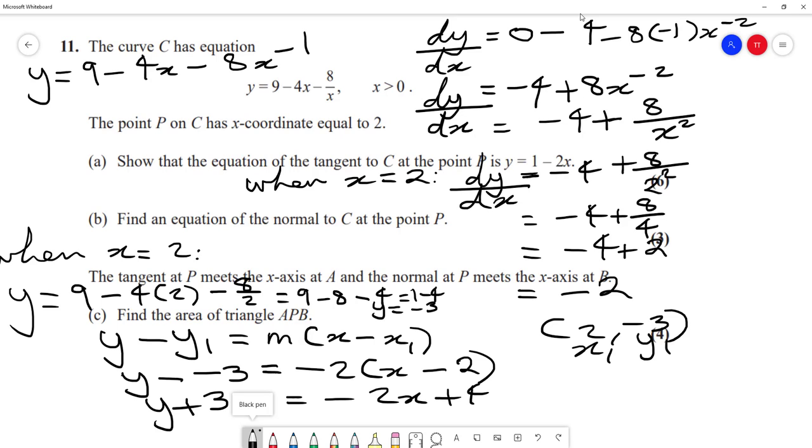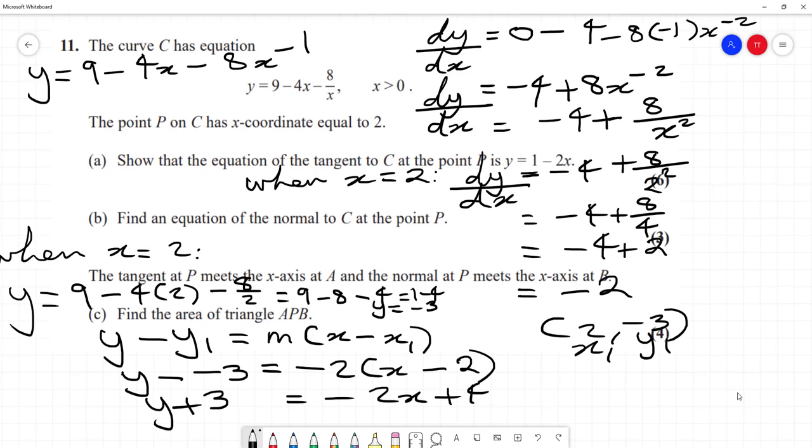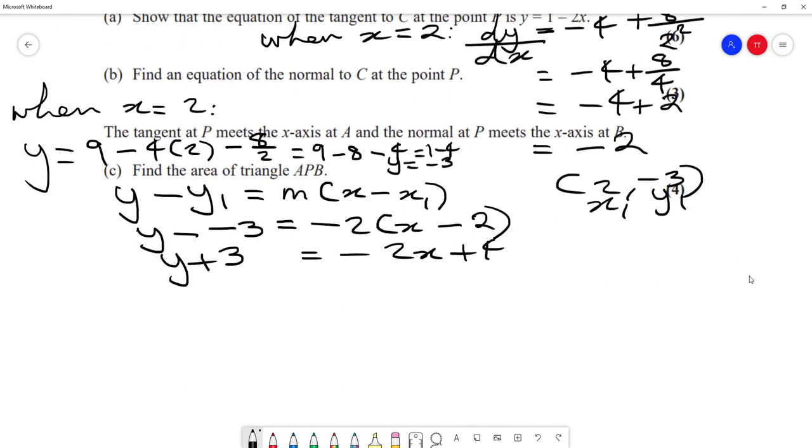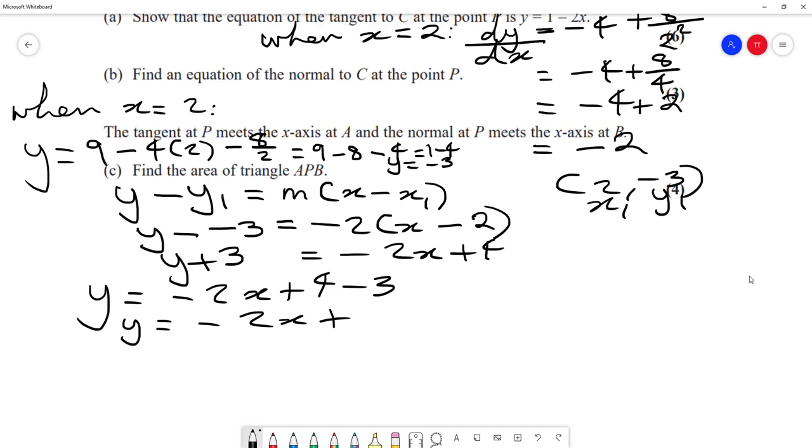Bringing everything to one side, I get y equals minus 2x plus 4 minus 3, so y equals minus 2x plus 1. And that's exactly what they wanted: y equals 1 minus 2x.